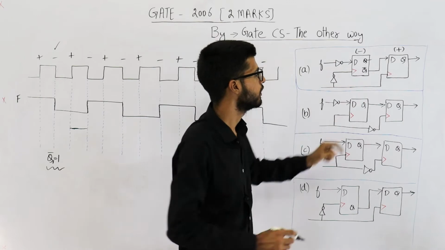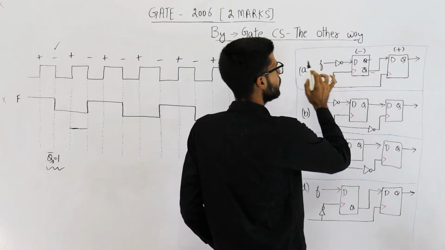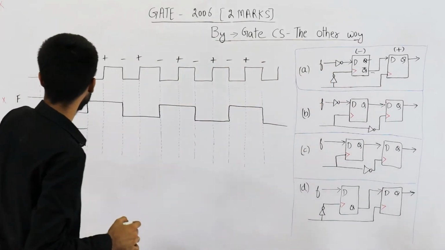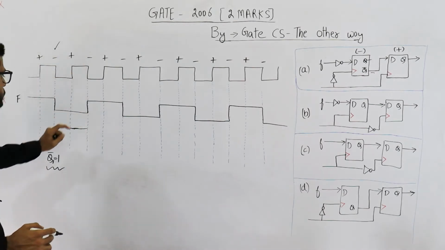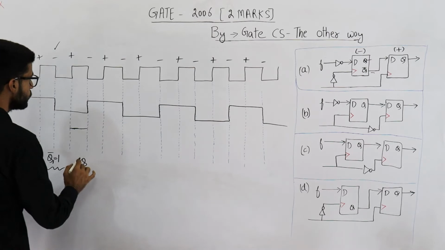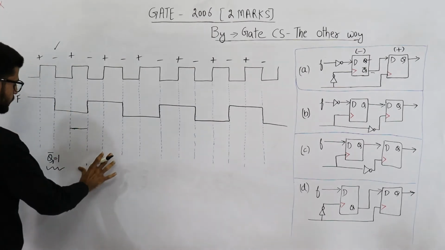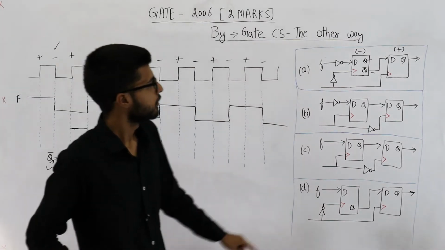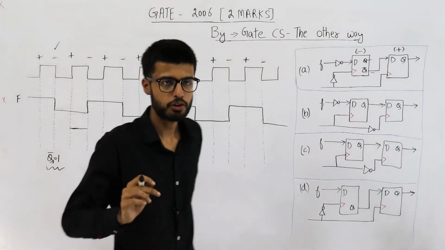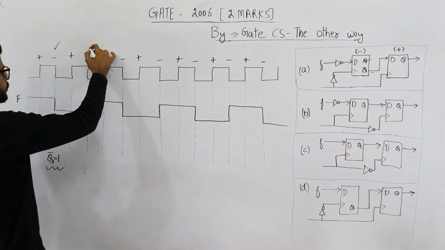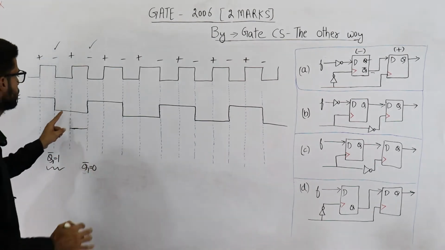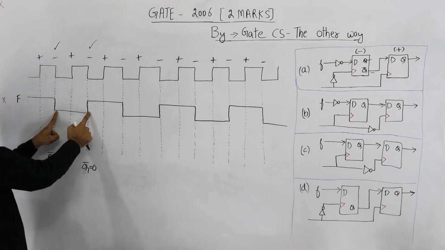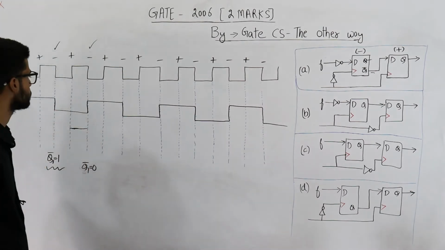So this value, this one, it will be same as F. On a negative edge, F is 0. Sorry, again, it is negative edge. On negative edge, that means this one, Q1 bar will be 0. That is same as F. For this entire time, F is 0. Okay, so Q1 bar will be 0.